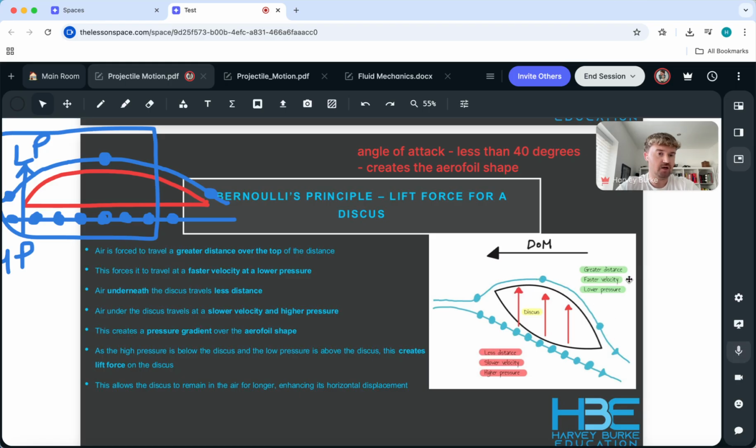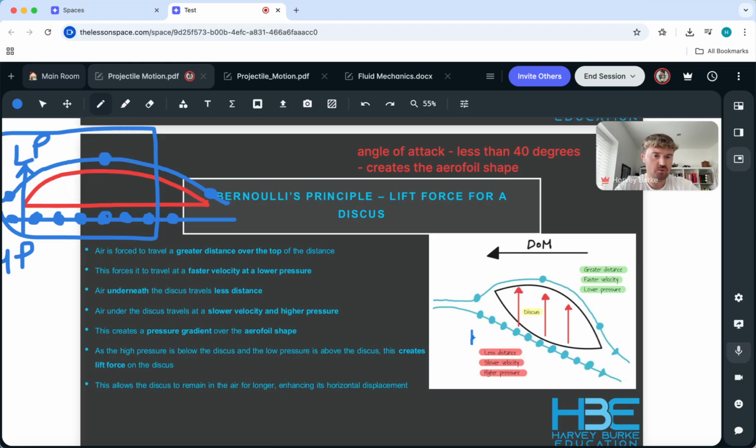So it has to travel at a faster velocity, and therefore it's traveling at a lower pressure because the air particles are further apart. Whereas the air being channeled underneath the discus is traveling less distance, so it doesn't have to travel as quickly, so it travels at a slower velocity, but at a higher pressure because the air particles are a lot closer together now.